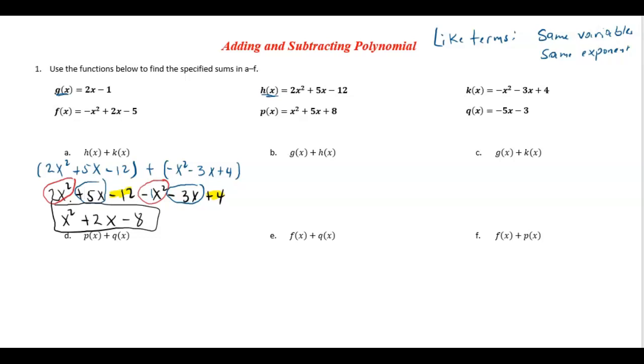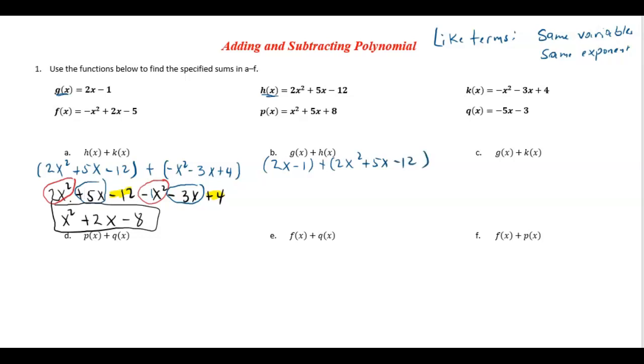So g of x is 2x minus 1. 2x minus 1, in parentheses, plus h of x, which is 2x squared plus 5x minus 12.